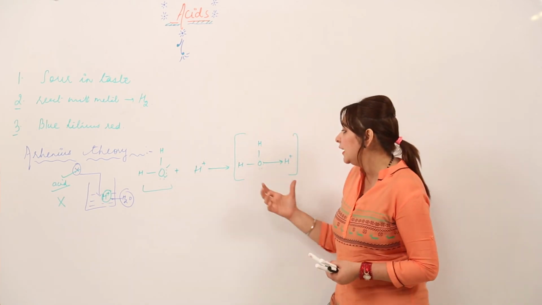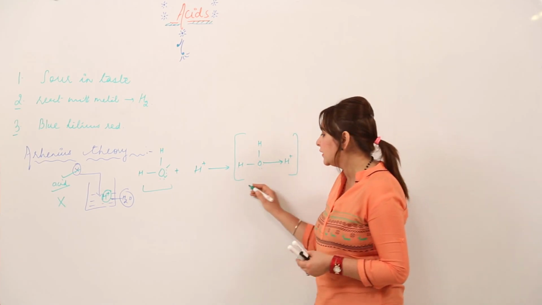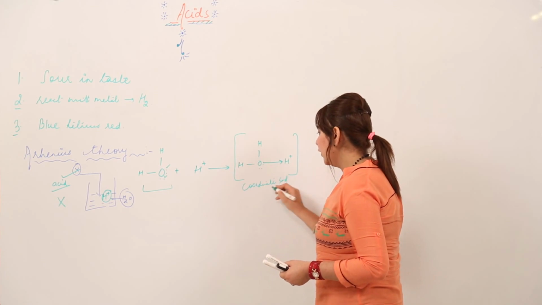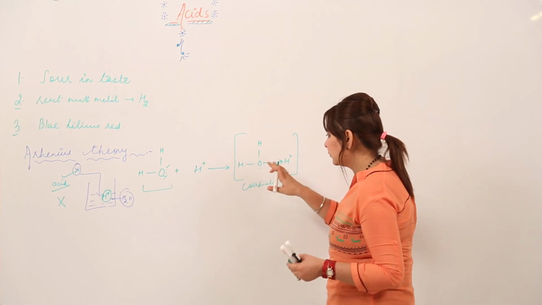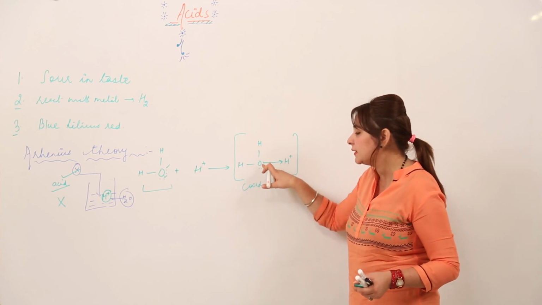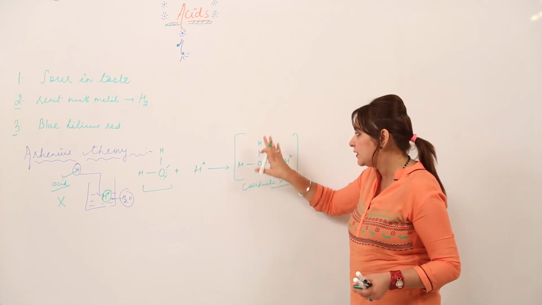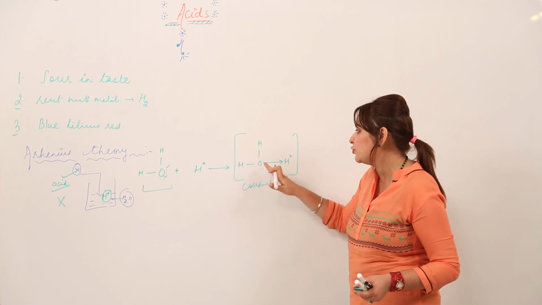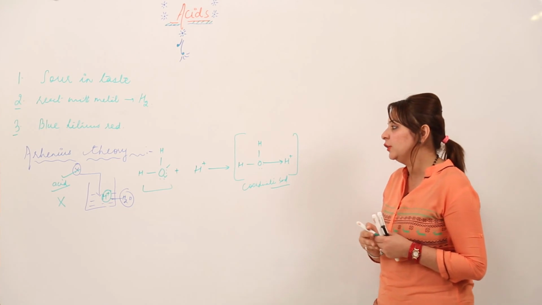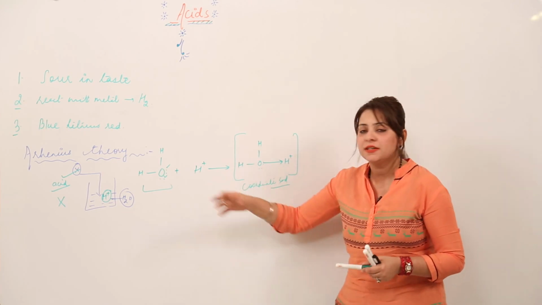So the kind of bond they are forming is a coordinate bond. This coordinate bond is expressed by putting an arrow. This arrow indicates that this lone pair belongs to this molecule, which is sharing its lone pair with this hydrogen ion. So this is what happens when hydrogen ion is dissolved in water.